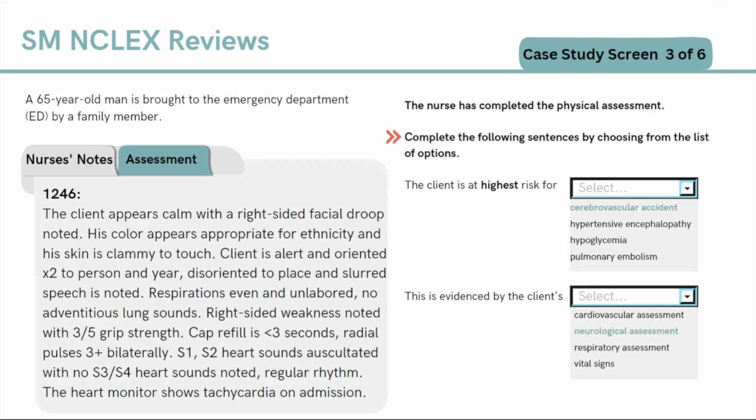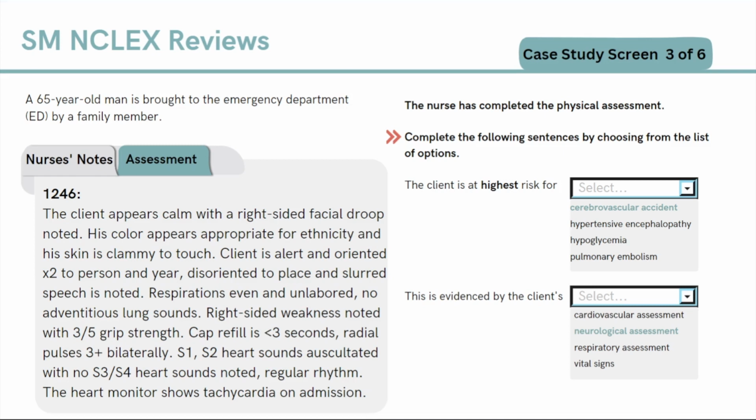So with that first blank, this client is very suspicious for what? Well, we have already mentioned all those red flags for a stroke. And what is that based on? Based on our neurological assessment, our client has that right-sided facial droop, right-sided weakness, slurred speech, confusion, all the neuro findings here.